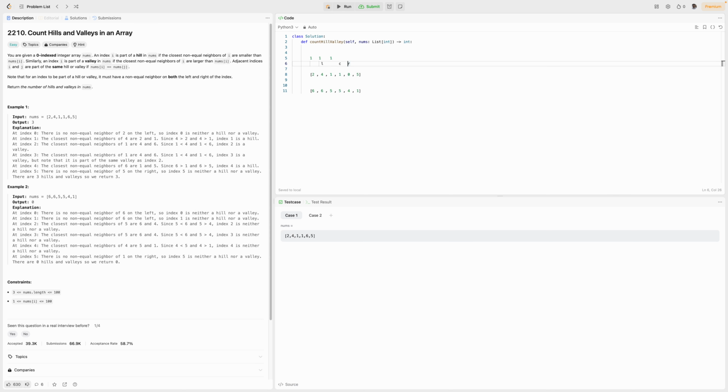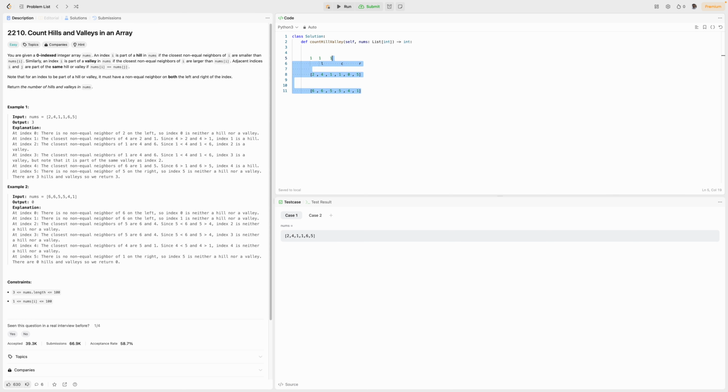If it's a valley, then increment the pointer to the next one until we get to the valley. Check to see the condition is not true, then increment the valley. And we got to 5. That's a hill. That is a hill, so we increment the center point one more time until R is equal to C.